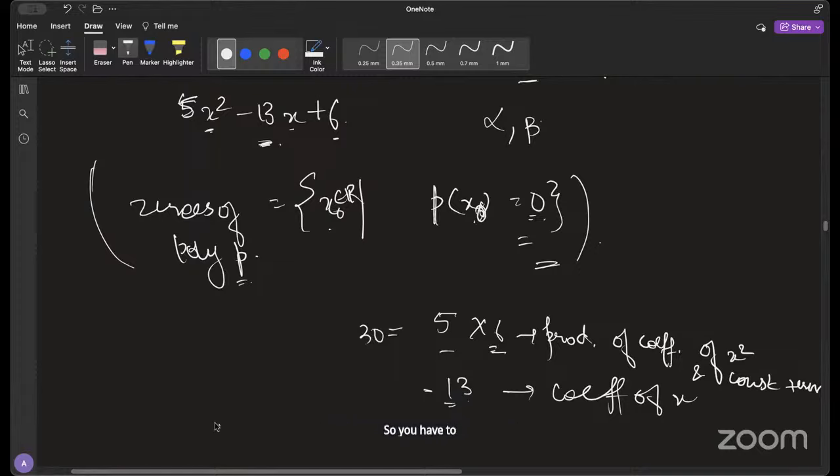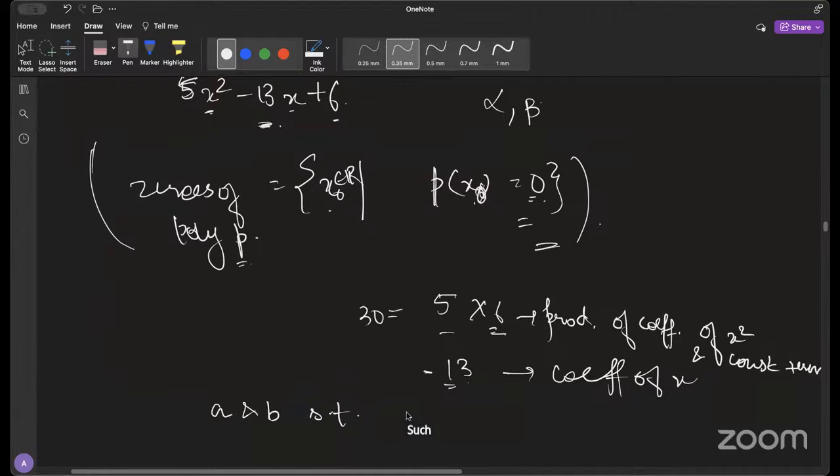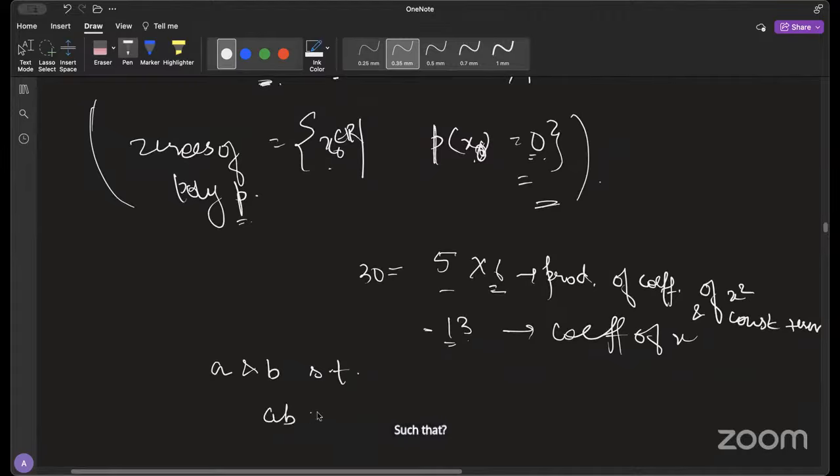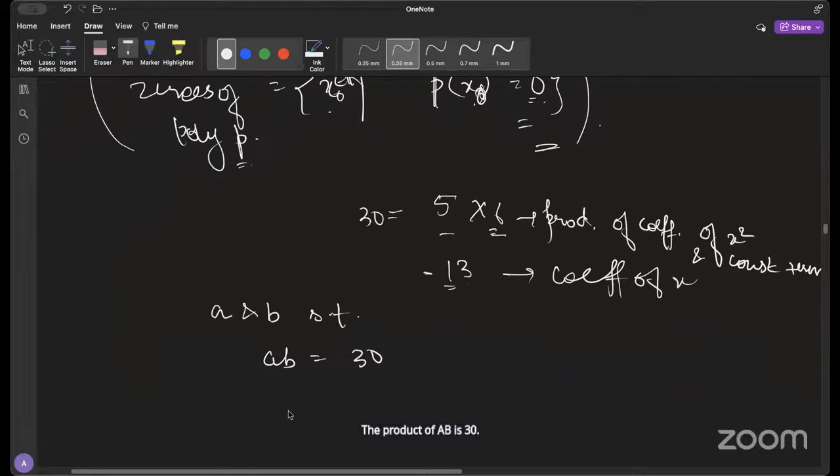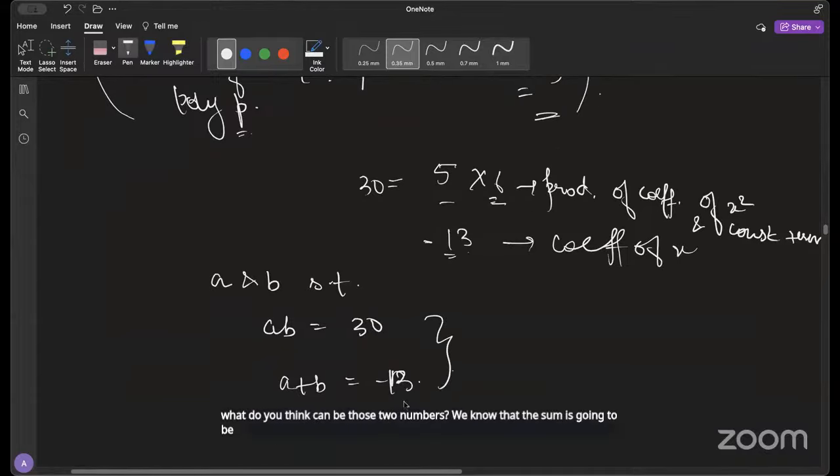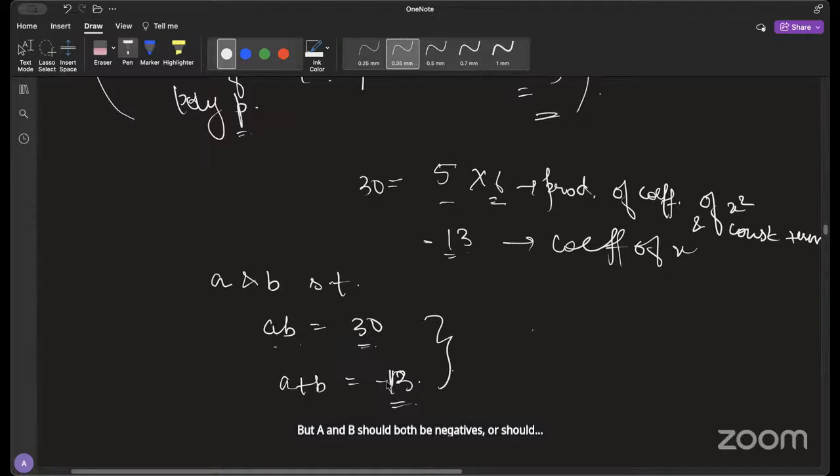So you have to find two numbers a, b such that the product of a and b is 30 and the sum of a and b is minus 13. So what do you think can be those two numbers? One hint is that a and b should both be negative, they can't both be positive, right?